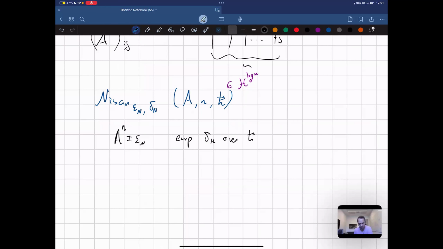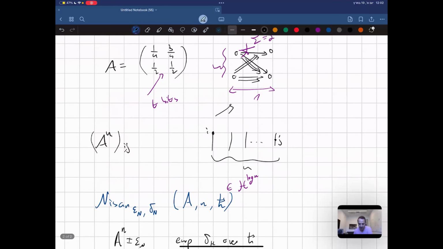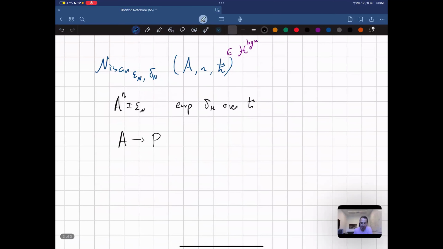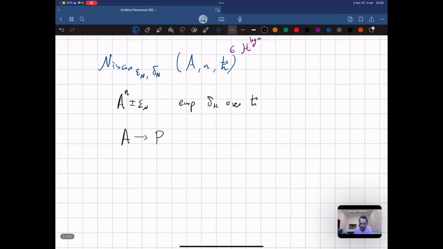It's going to produce from this A the branching program P in the way I described here. You may want to verify that you can do it in log space. And then what you're going to output is the expectation over X in sigma.